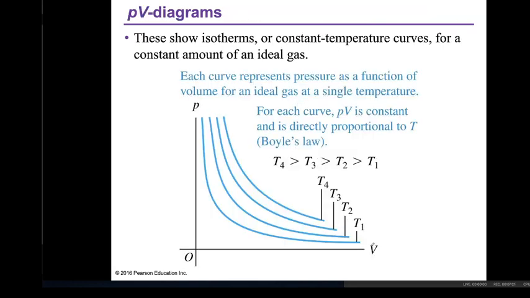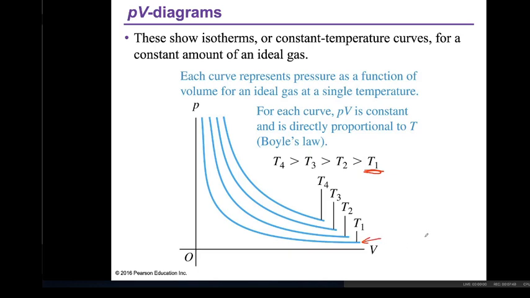Let's look at this figure. Let's talk about a certain temperature T1. If the temperature is constant at T1 and you try to increase the pressure, then the volume will decrease. So the curve of the ideal gas at temperature T1 is shown here.